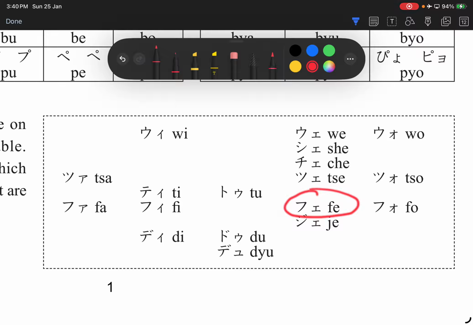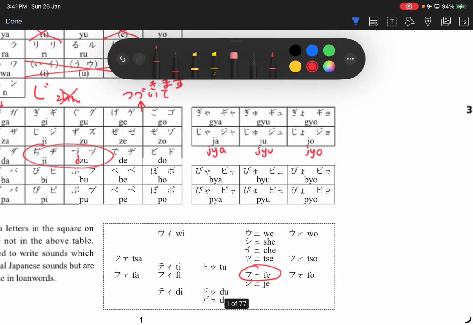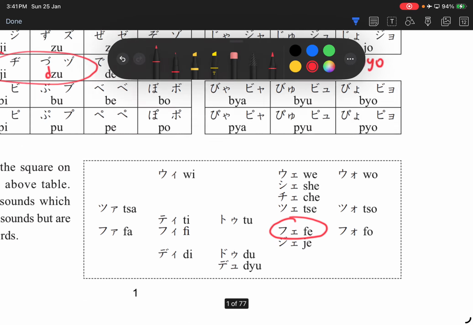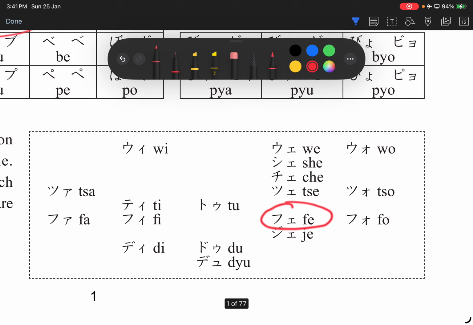Festival is a foreign borrowed word from English, but they cannot write it in the katakana system, because the sound is beyond what they have in their current phonics bank.